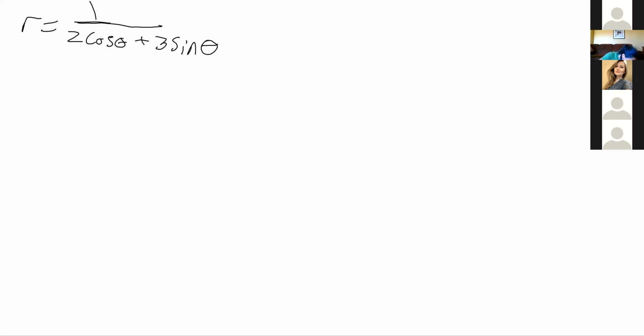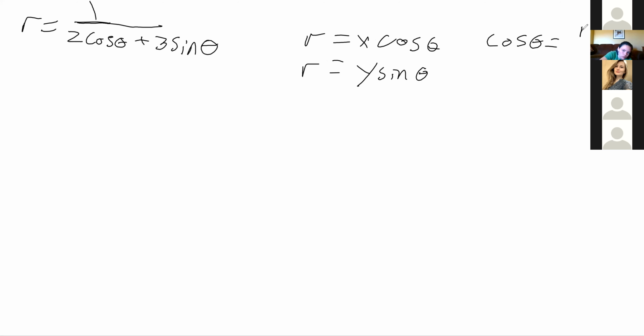So we can convert the cosine theta and sine theta to Cartesian using the fact that x equals r cosine theta and y equals r sine theta. So then you have cosine of theta equals. You got your r's in the wrong spot. Oh yeah, they're flipped.